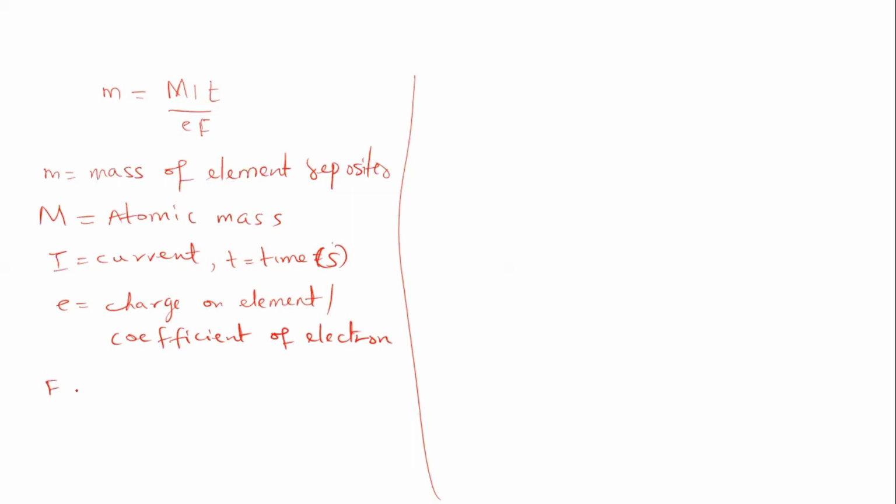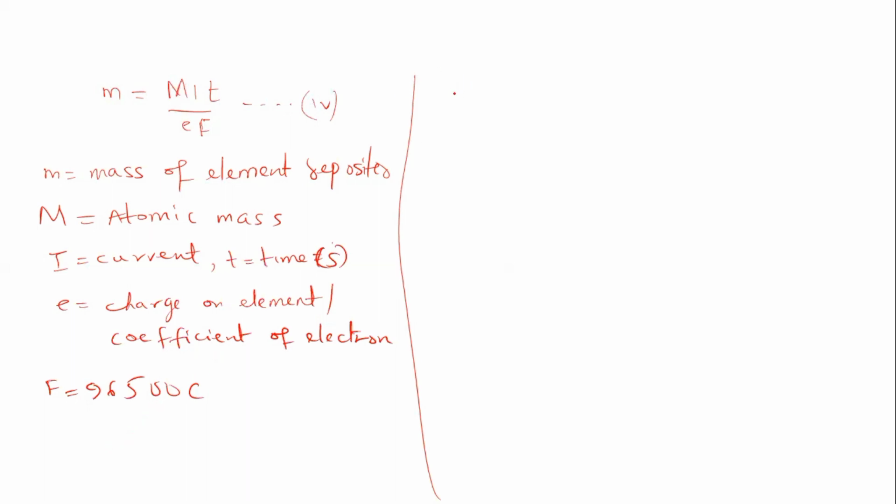And F is Faraday's constant, which is 96,500 coulombs. So that is the equation we're going to be using to solve problems on Faraday's law.